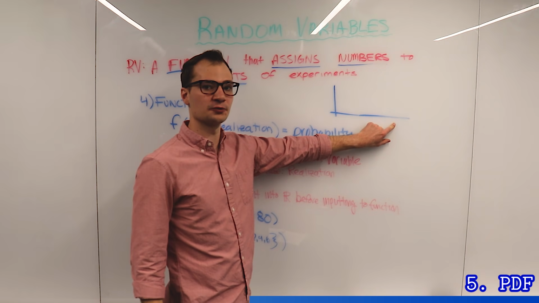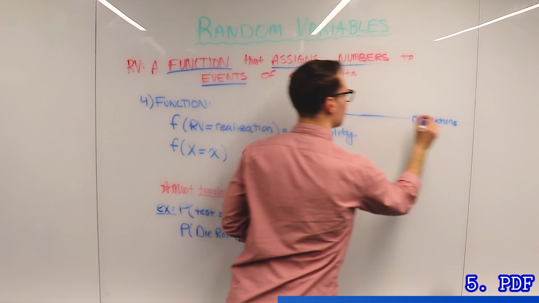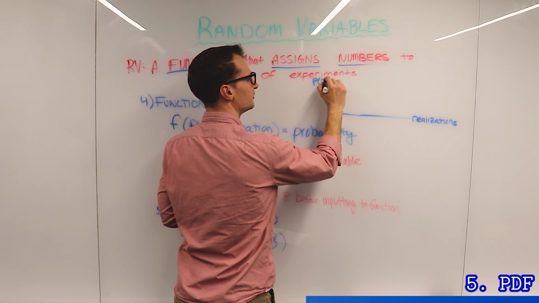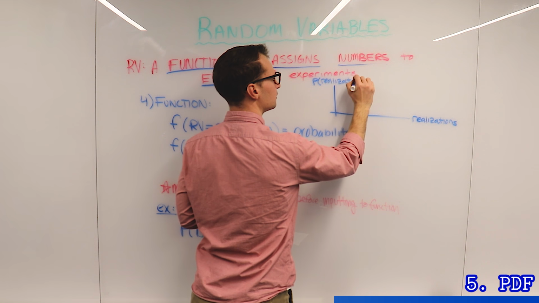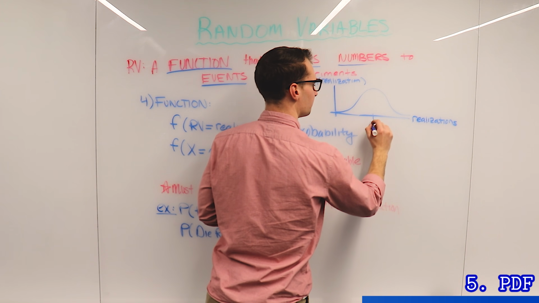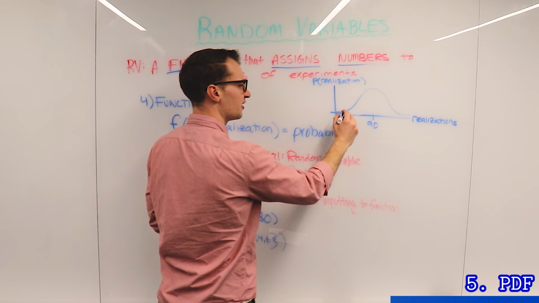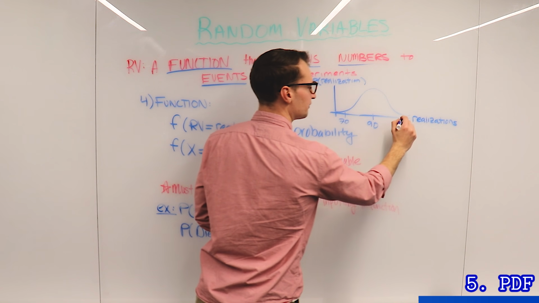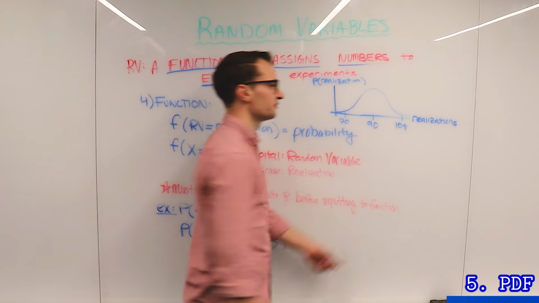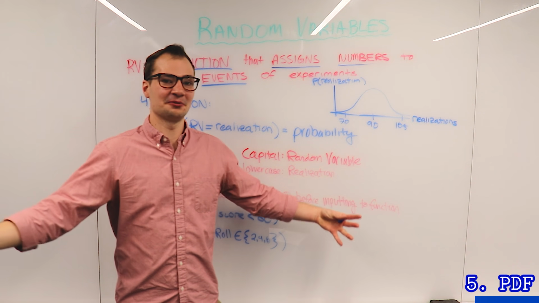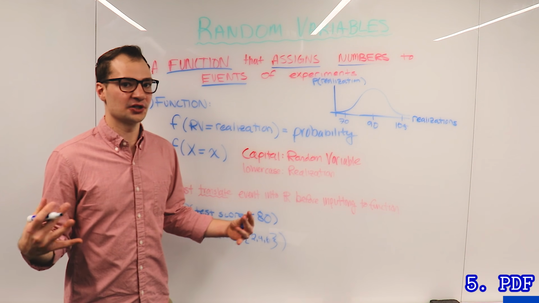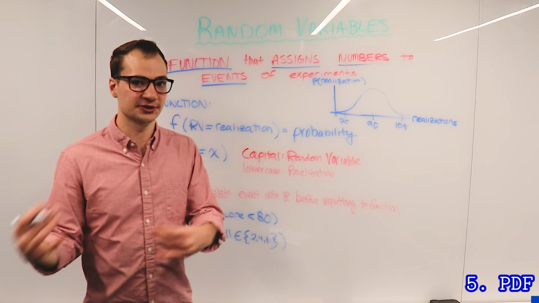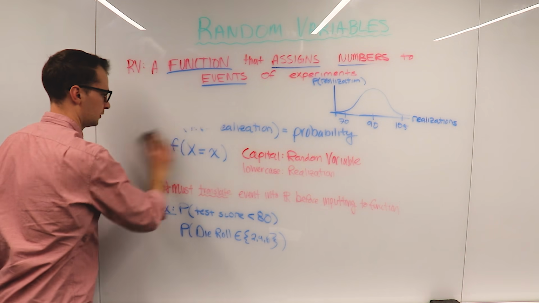If we plot our realizations on this axis, and the probability of each realization occurring on this axis, maybe I'm most likely to get a 90, but if I have a bad day, I'll get a 70, and if I have a really good day, I'll get a 105, right? This is what the probability density function is. We're just plotting all the realizations with their corresponding probability.